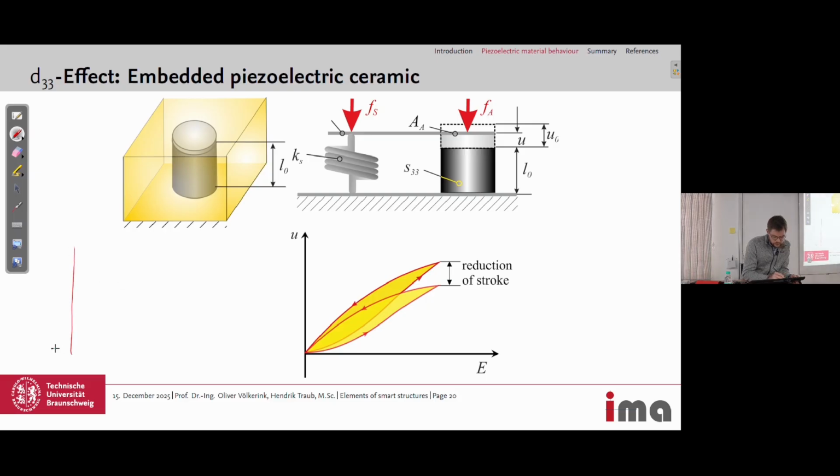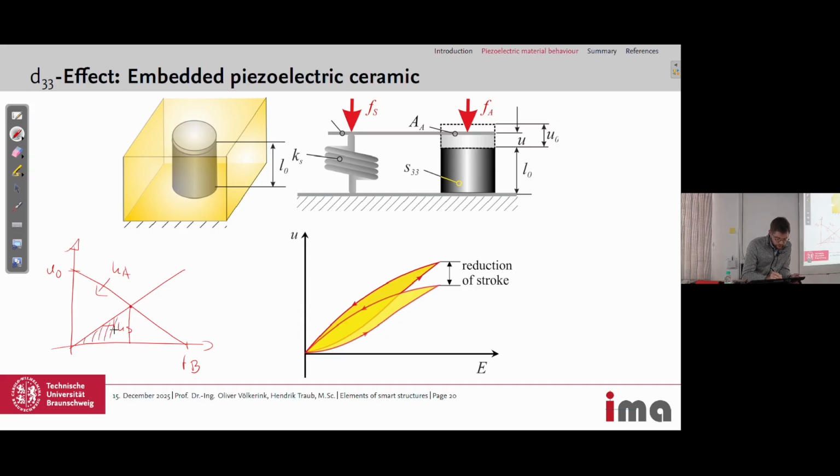If we have a look at the work diagram again, we have here the free displacement, and we have here the blocking force in this way, and then this has the stiffness Ka, and we have the structure with Ks. They meet at this point.